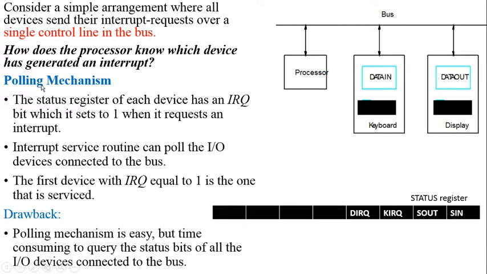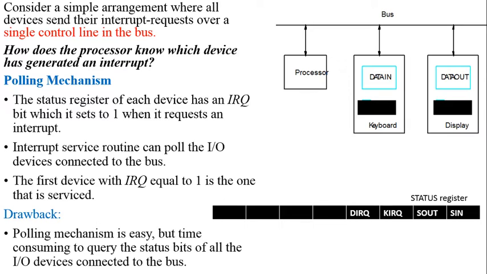So, in order for this polling mechanism to work, first identify the devices which have set their IRQ bit as 1. Then identify among them which one set the IRQ bit as 1 first. The device which set IRQ equal to 1 first is serviced next.